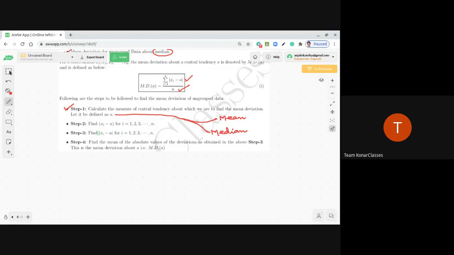Then step 2 is that you find the value of xi minus A for i equal to 1, 2, 3 up to n. Once you find that, then find the absolute value, that is the non-negative value, mod of xi minus A. Then in step 4, we need to find the value of mean deviation about A, denoted by MDA, calculated as the sum of all the values obtained in step 3 divided by n, the number of observations.